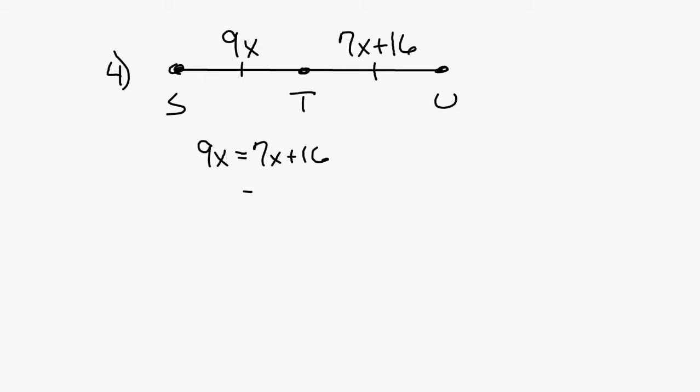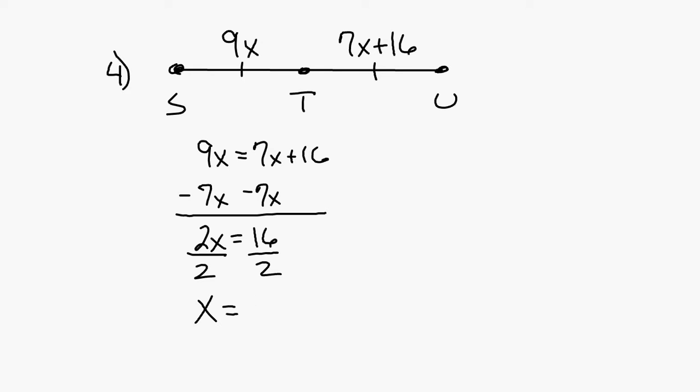So you can subtract 7x from each side. 2x is equal to 16. And you can divide both sides by 2. Your x equals 8. So if x is equal to 8, then S to T is equal to, what's 9 times 8? 72.